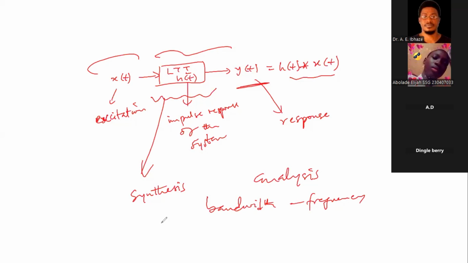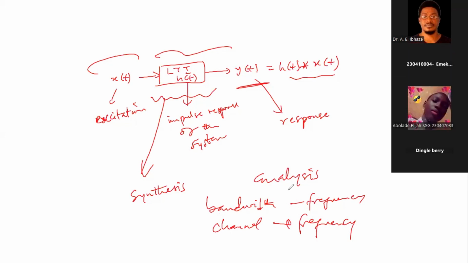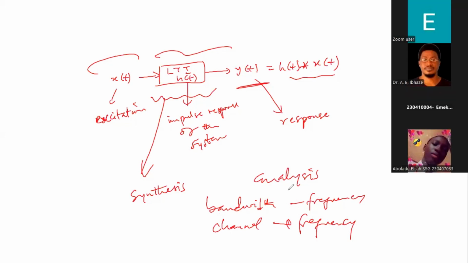When we talk about channel, you probably must have heard of channel, channel is still frequency. So everything boils down to frequency. So these signals we are going to be talking about, describing or analyzing, be rest assured that they are functions of frequency.